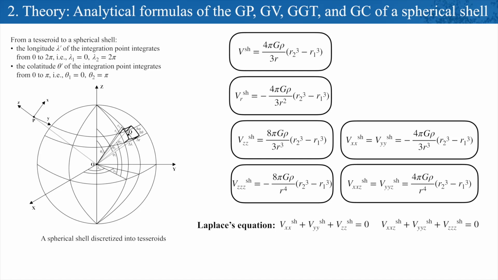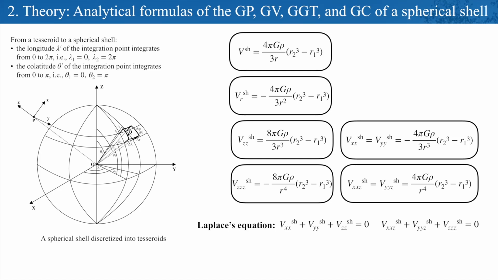When the longitude of the integration point is integrated from 0 to 2π, and its colatitude is integrated from 0 to π for a tesseroid, a spherical shell is obtained, letting λ1 equal 0, λ2 equal 2π, θ1 equal 0, and θ2 equal π. In the derived expression for the tesseroid, the analytical solutions for the gravitational effects of a spherical shell are obtained.